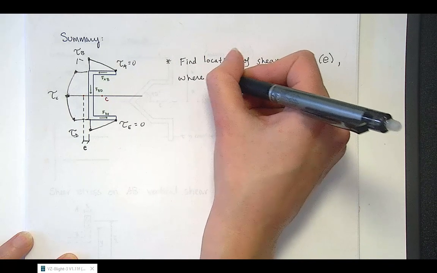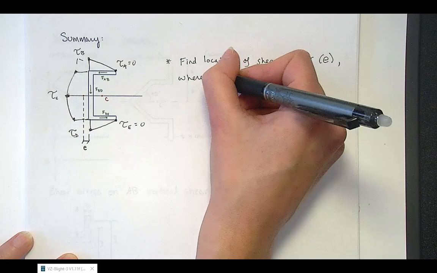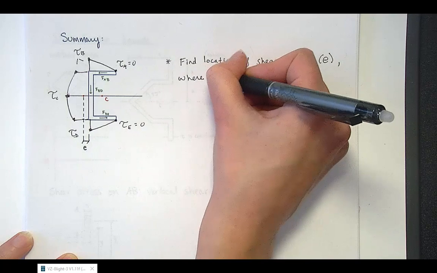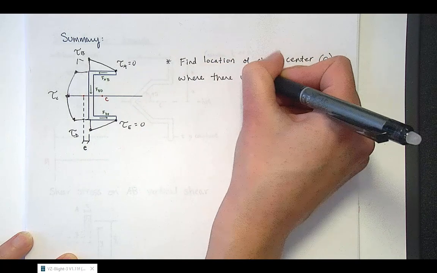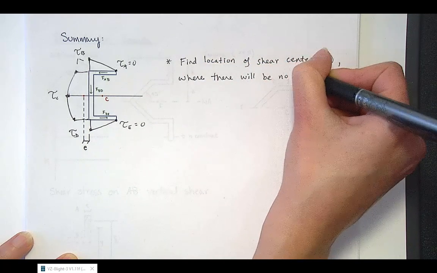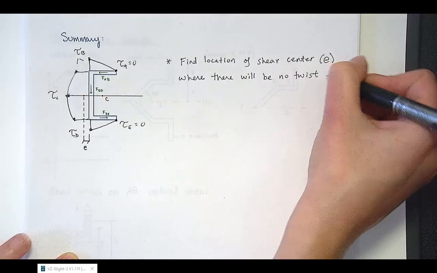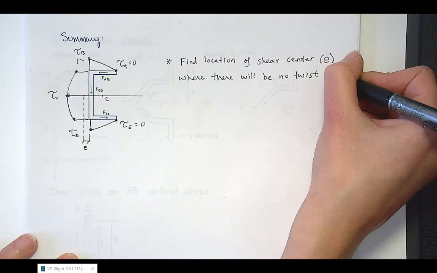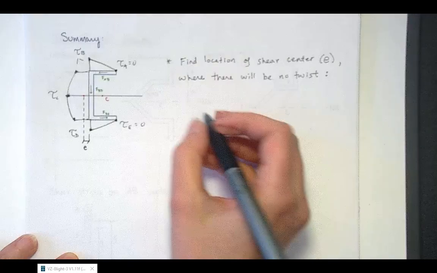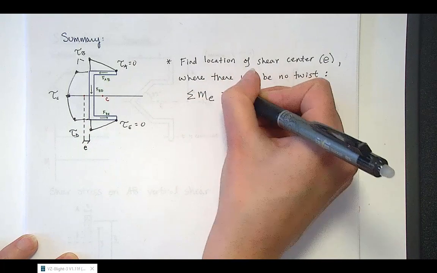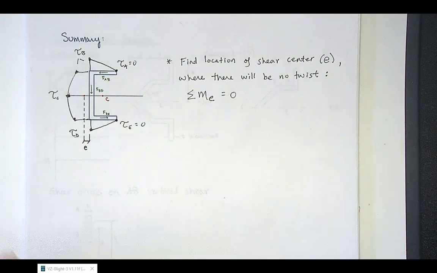Kind of said that wrong, it's not the point about which there will be no twist, it's the point where there will be no twist. So we want to sum moments about that point and set that equal to 0 because that's the definition of the location of the shear center.